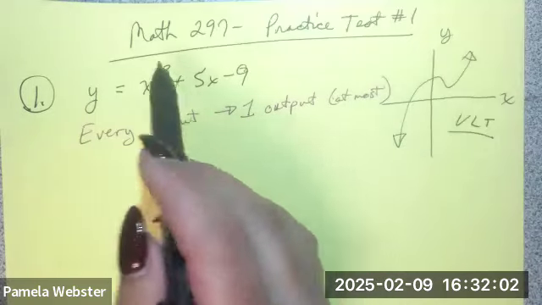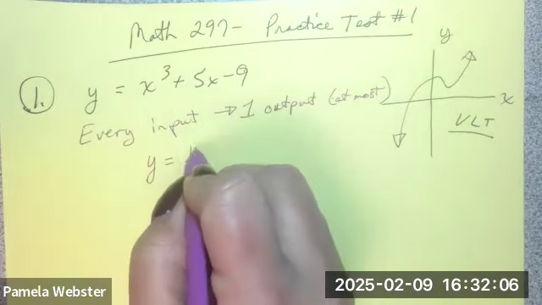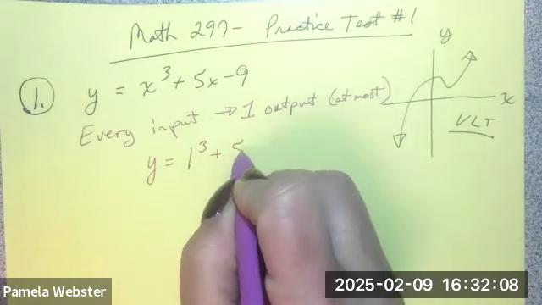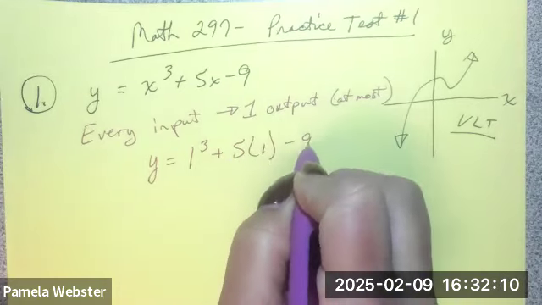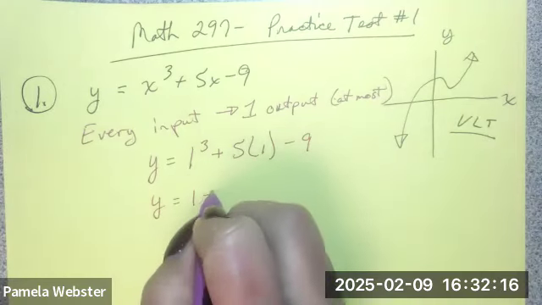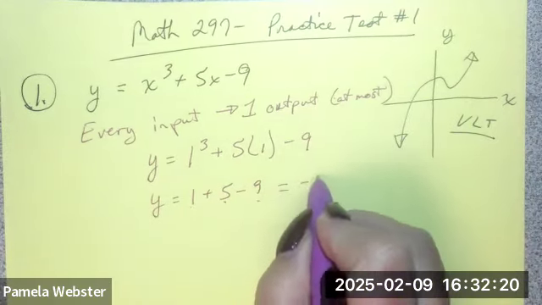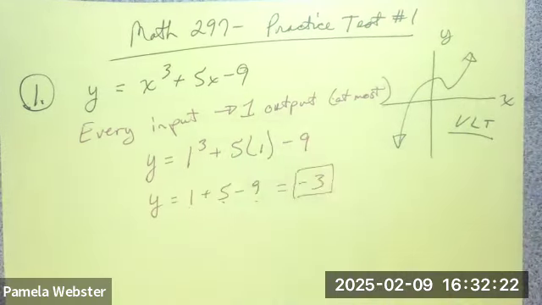I'm going to say 1 because it's going to be easier for me to work with. y equals 1 to the third plus 5 times 1 minus 9. 1 to the third is a 1, plus 5 minus 9. That's 6 minus 9. That's negative 3.